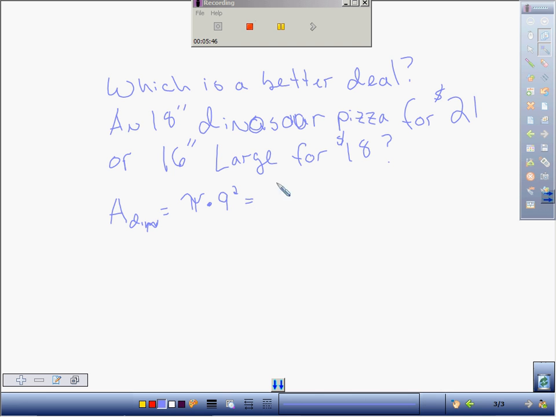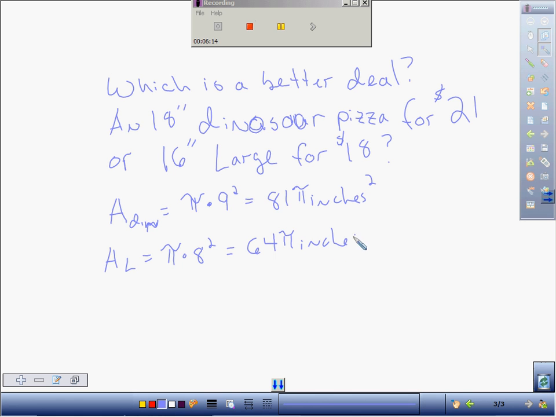So that's 81 pi inches squared. It means straight across. The area of a large is going to be pi times how many inches? 8 squared, which is 64 pi inches squared.